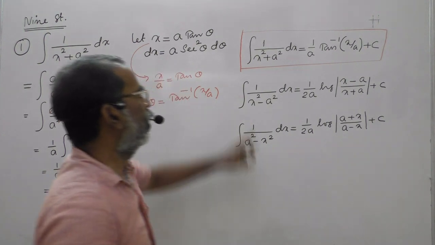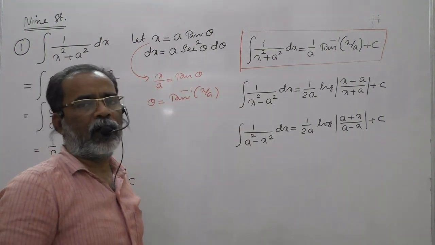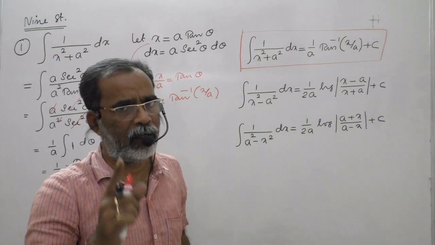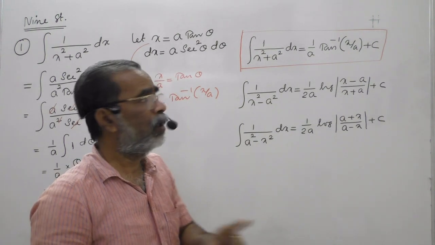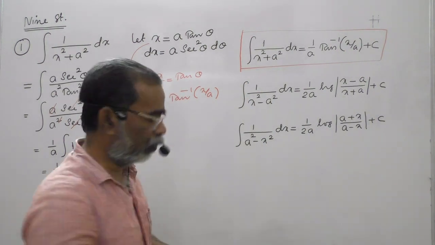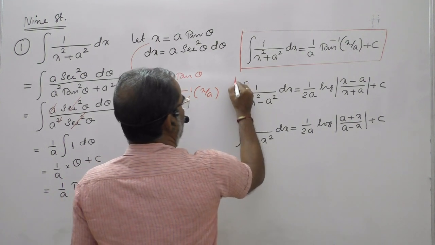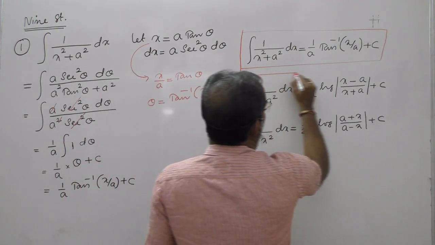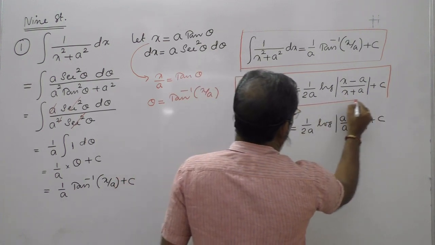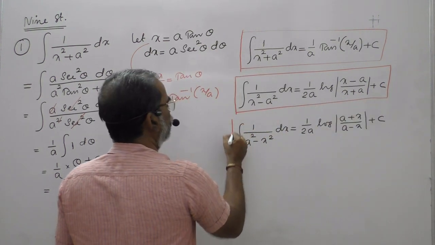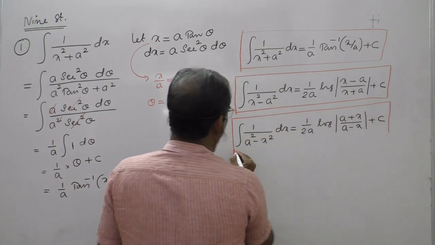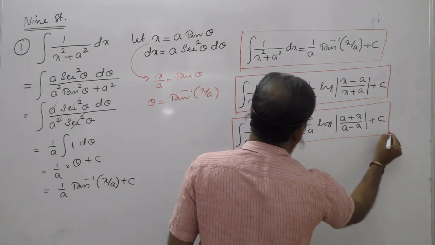There are three formulas when the numerators are 1 and the denominators are in terms of x square and a square, with no square root. If square roots are there, they are some other different formulas. So these are the three more formulas to be added to the list, and you are supposed to learn these three.